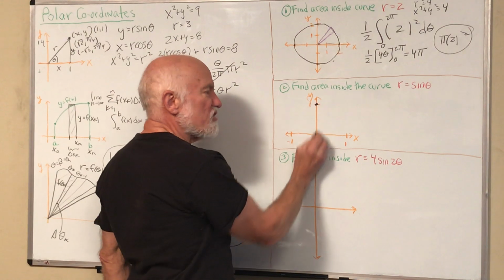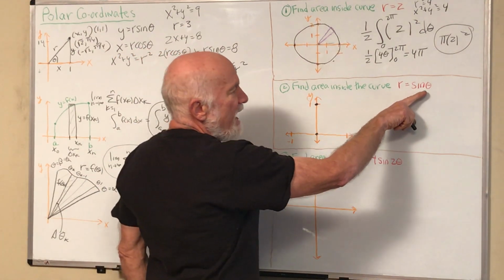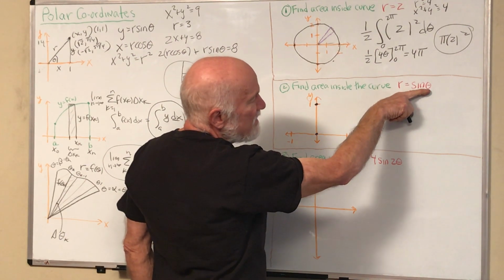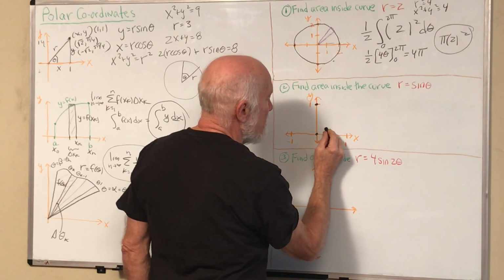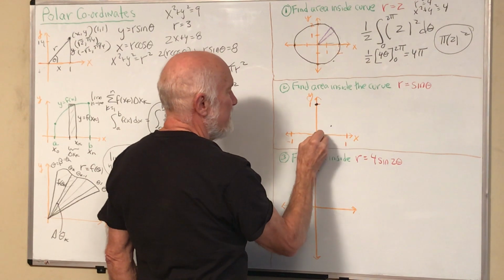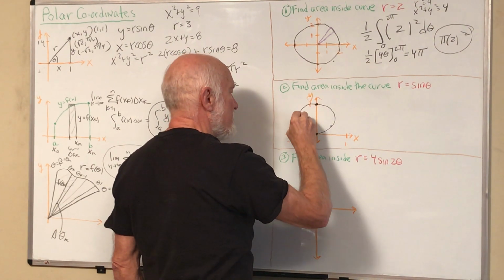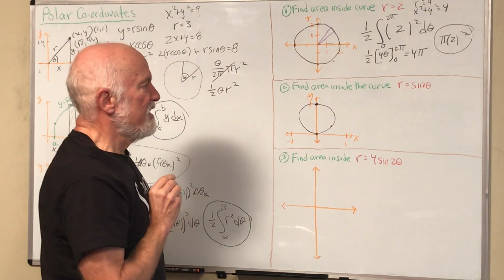But it's not going to just go straight up and down between those 2 points. When theta is pi over 6, r is going to be 1/2. So if you went over pi over 6, you'd go over 1/2. And if you plotted all those points, you'd end up with something that looks like this.